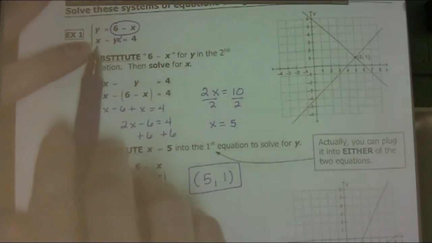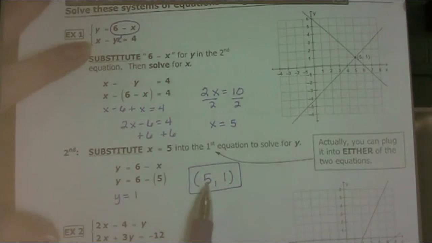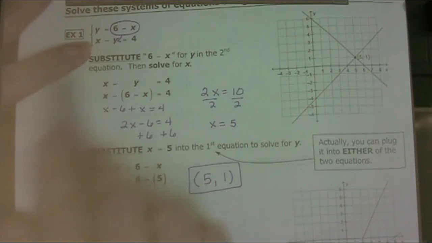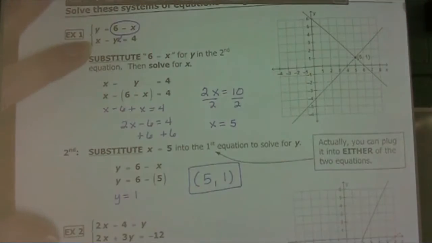You also have to do the same thing in the second equation. You need to get the same number on both sides when you substitute 5 in for x and 1 in for y. You would get 5 minus 1, which is 4, and you have 4 on the right. So if you get the same number on both sides, it works in that equation. You've got to make sure it works in both equations in order for it to be a solution.